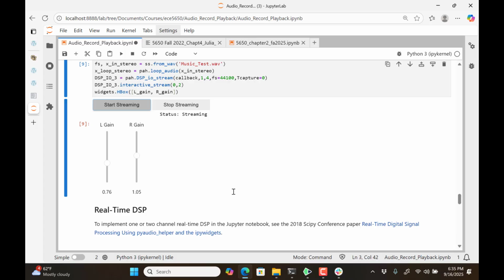There it is, and there's a volume control I have here. I don't know if you can hear stereo or not.